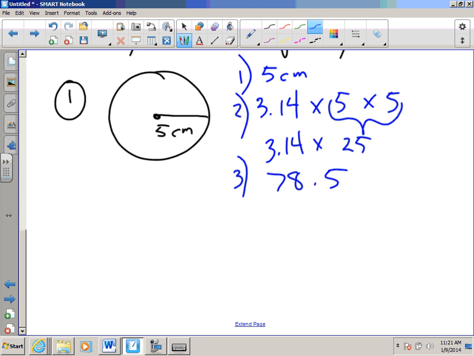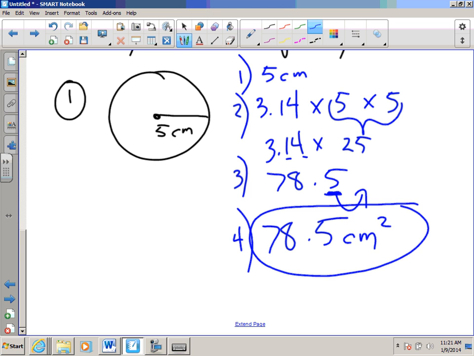Probably would be 78.50 because the 2 decimal places, but in your calculator it just registers 78.5 because you don't necessarily need a 0. Is there any round? Here's my 10th place. Is there anything behind it that I need to round to? So therefore, step 4 is 78.5 centimeters squared. And there it is.